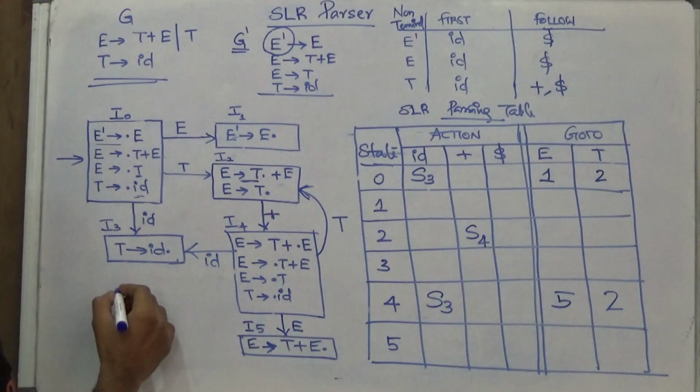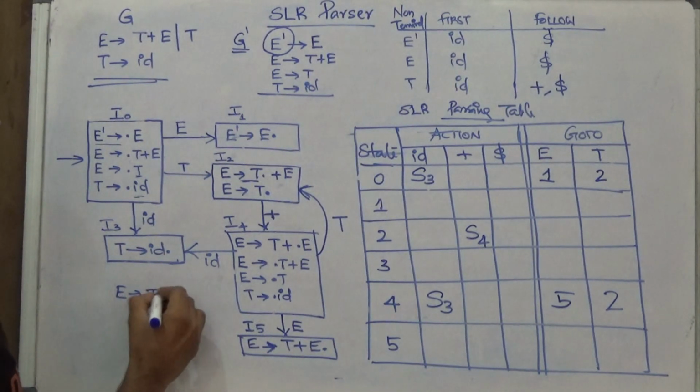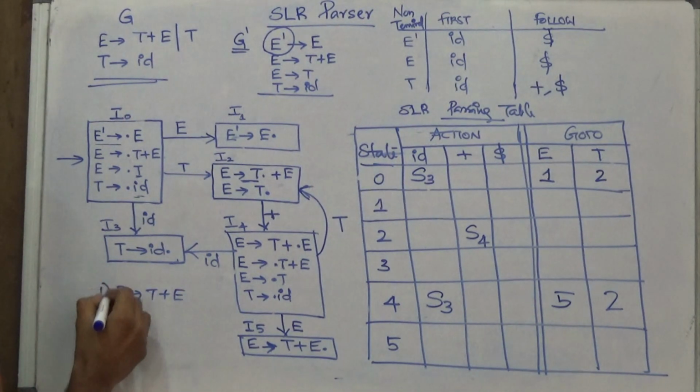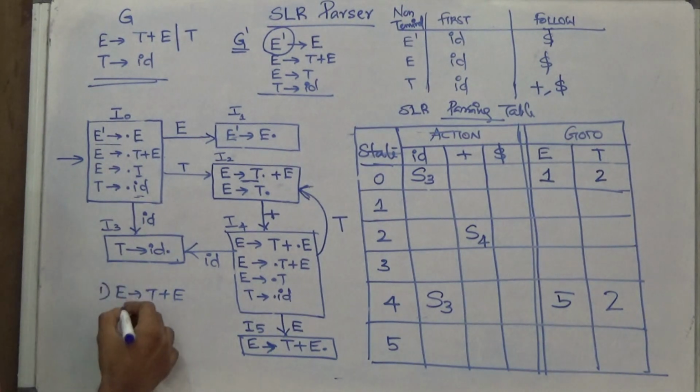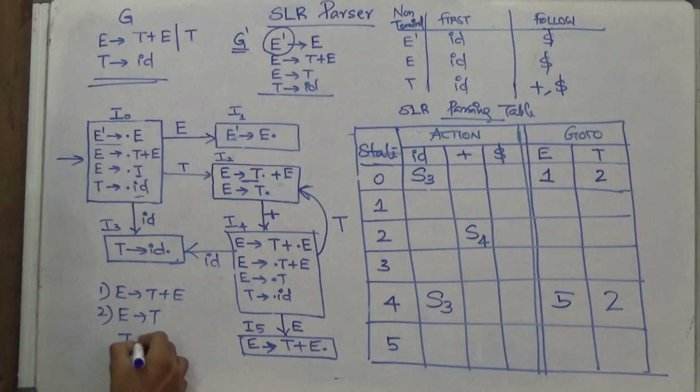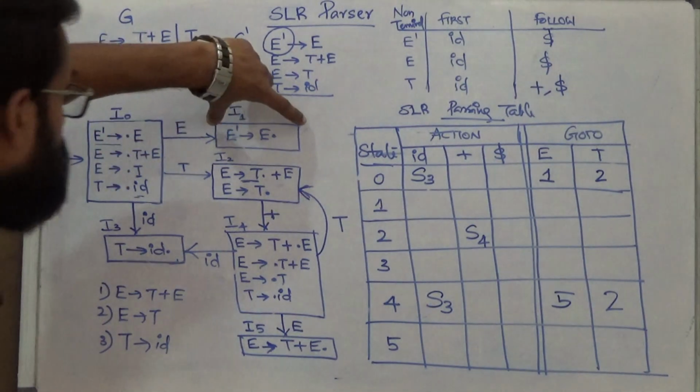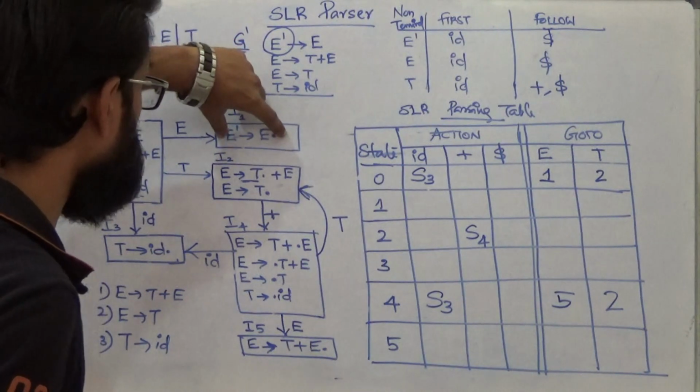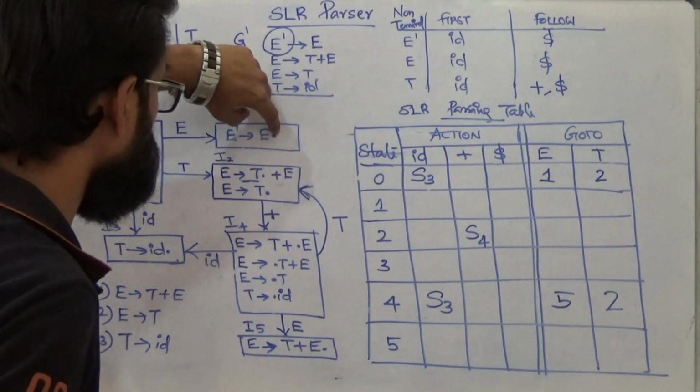the productions. So you are having production E giving T plus E. So let this be number 1. You are having E giving T, let the number be 2. You are having T giving ID, let the sequence number be 3. This will be the third production. So if I consider this particular state, you are having an item that ends with dot.